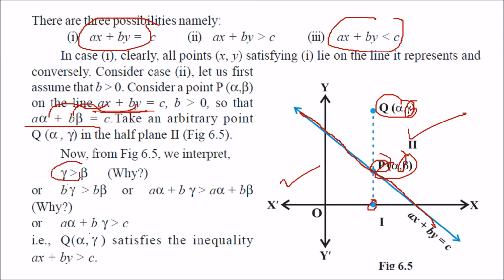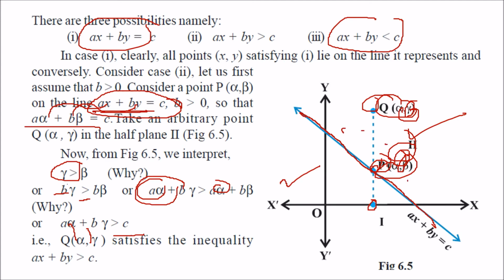Now you see that gamma is greater than beta, because this is the y coordinate and this is the higher one. So multiply both sides by b: b gamma is greater than b beta. Let us add a alpha on both sides; that will not hamper anything. And we see this is actually c. So a alpha plus b gamma is greater than c. And also this point alpha, gamma is satisfying this inequality, right? So all the values here are going to satisfy this inequality.